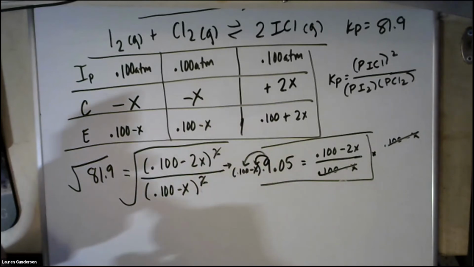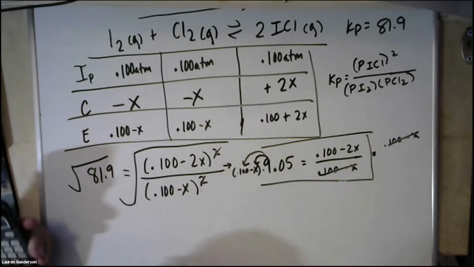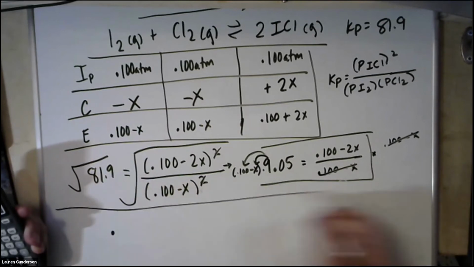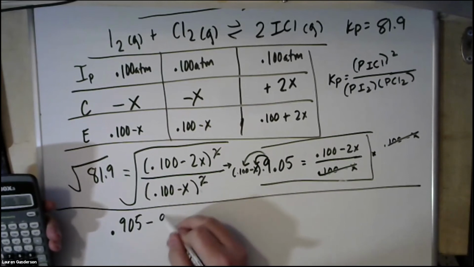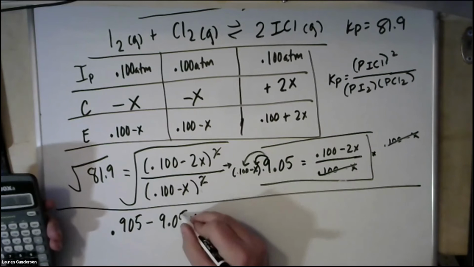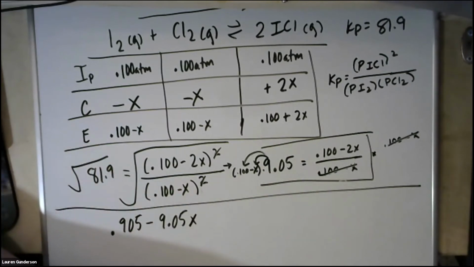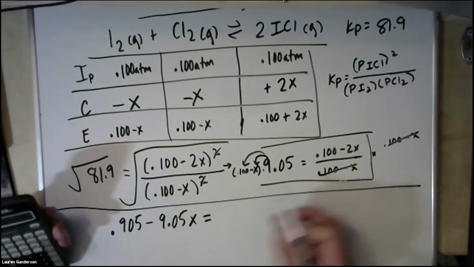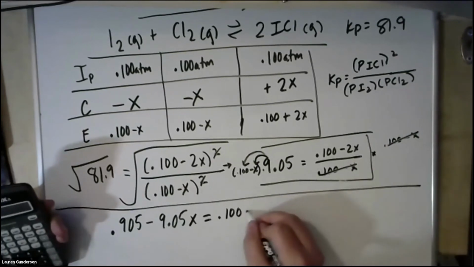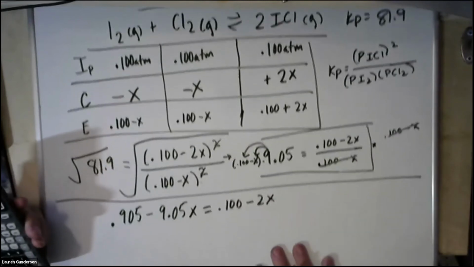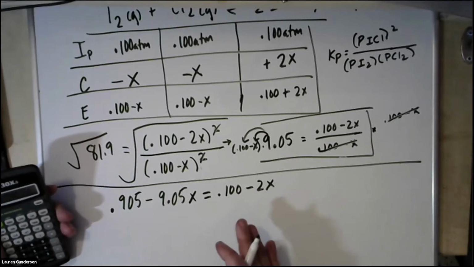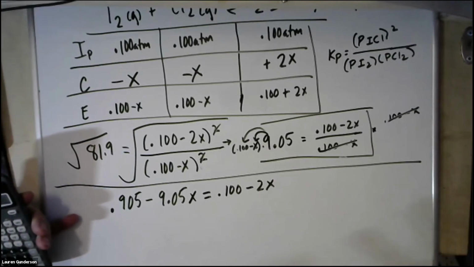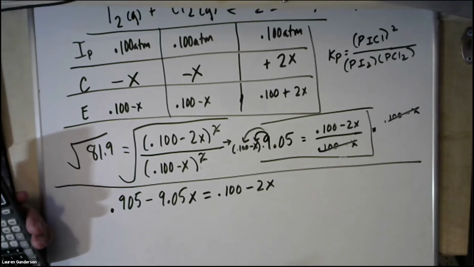So times 0.1, we're going to end up with 0.905 minus 9.05x equals 0.100 plus 2x. Okay. The next step that I want to take is I want to put my x's on one side and my not x's on the other side, right?